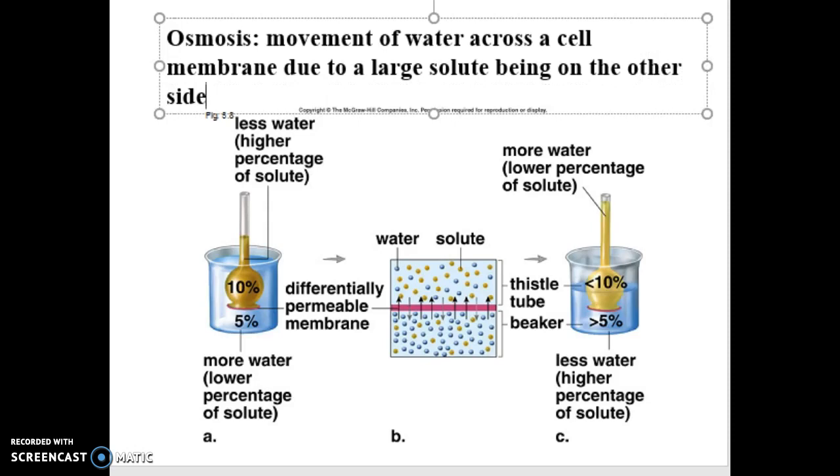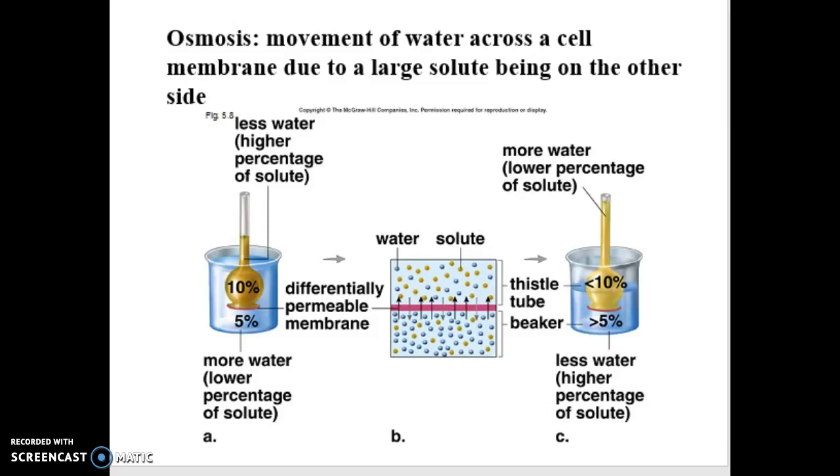Osmosis is the movement of water across a cell membrane due to a large solute being on the other side. So, to start out with, for osmosis to occur, you have to have a membrane. Osmosis is the movement of the water across the membrane. The reason the water is moving is because the big molecule, what we call the solute, is too big to go across the membrane. So water does.